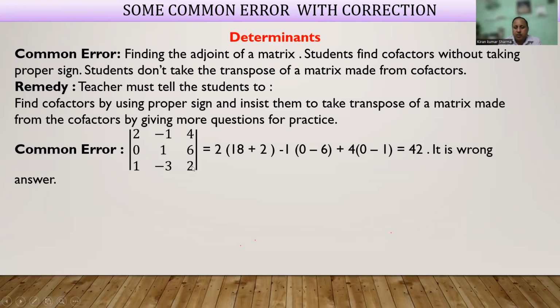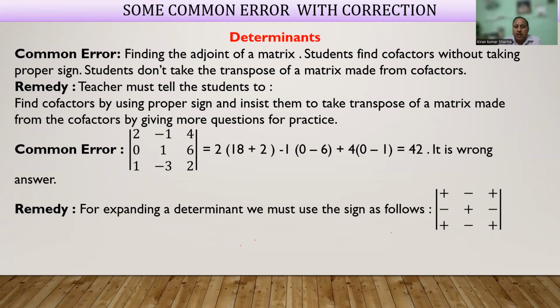We first multiply 1 into 2, then this, but students do it in the reverse way, which is wrong. They also know the concept of plus minus plus while solving, but the student is not even using this 2 into minus 1. Here you can use minus, minus, plus.